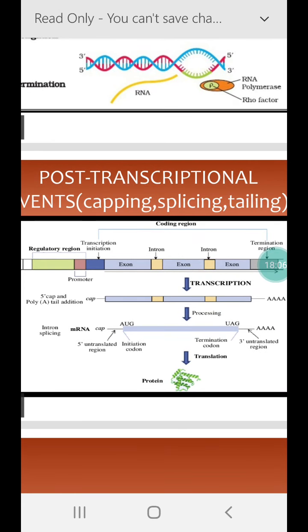In eukaryotes, there are three types of RNA polymerase: RNA polymerase 1 for the formation of ribosomal RNA, RNA polymerase 2 for the synthesis of the precursor of mRNA, and RNA polymerase 3 for the formation of tRNA and even small nuclear RNA.